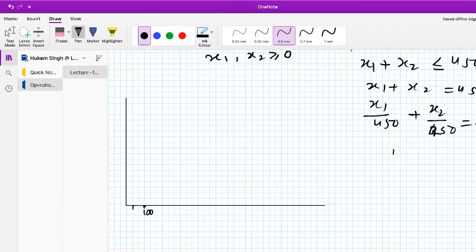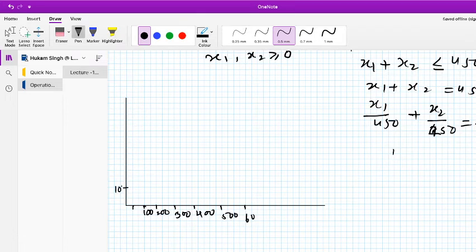So here again 150, and let us assume that this is 200, here 300, here 400, here 500, and here 600.